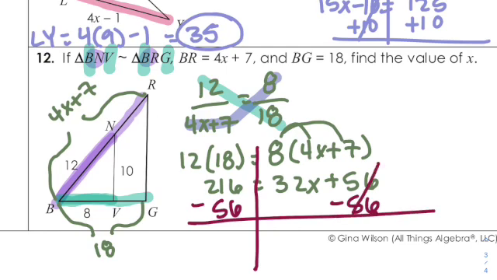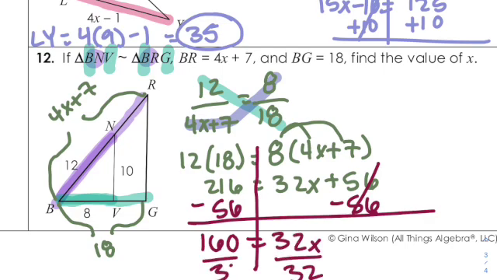Those cancel. 216 minus 56, don't know that off the top of my head, is 160 equal to 32x. Then we divide both sides by 32. 160 divided by 32 is 5. So x equals 5.